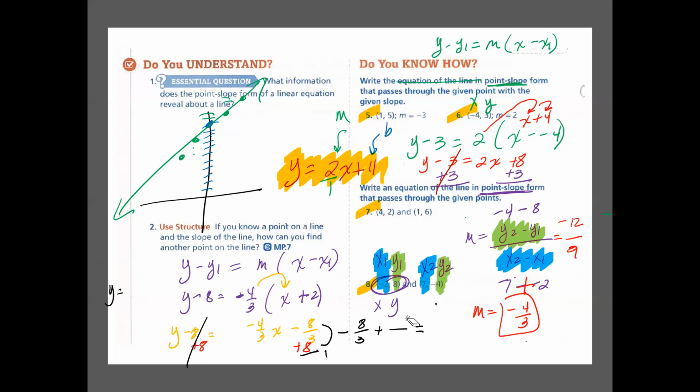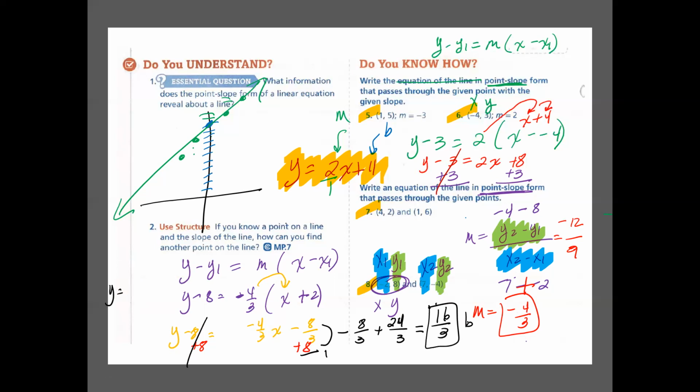So let's backtrack a little bit. So 1 times 3 is a 3. 8 times 3 is a 24. Sorry about that. All right, so then negative 8 plus 24 is going to give me a 16 over 3. That, you guys, is going to be your b.